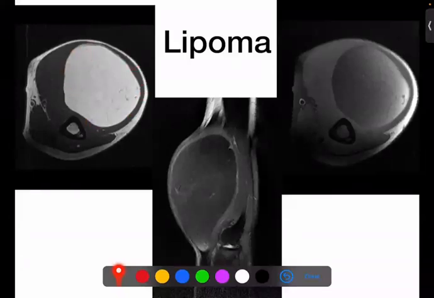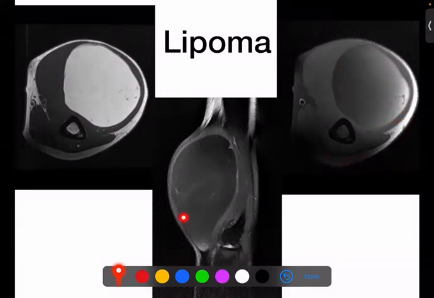Intramuscular, yes, it's within the muscle. This is the muscle, but it's one large piece. Okay, let's go for T2. It's one large fragment. It's homogeneous and, okay, the signal is similar to fat. Look at this and look at this.